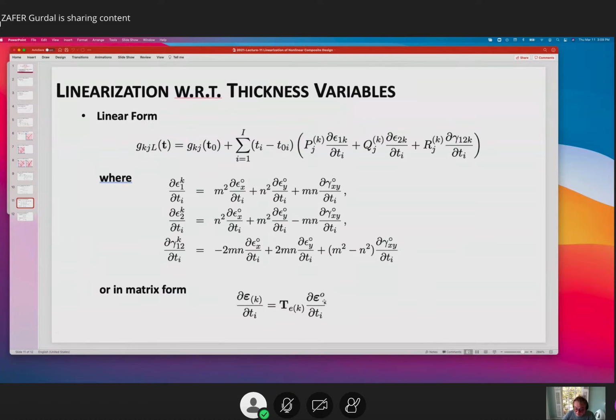You can either use this to go to stresses in the XY coordinates, and then convert to principal direction stresses, or you can go to principal material direction strains and then compute stresses from that.